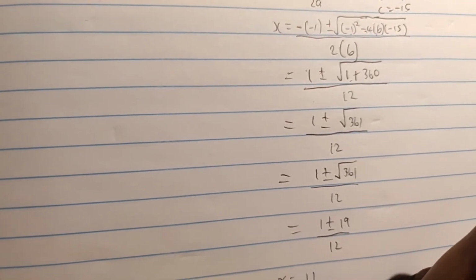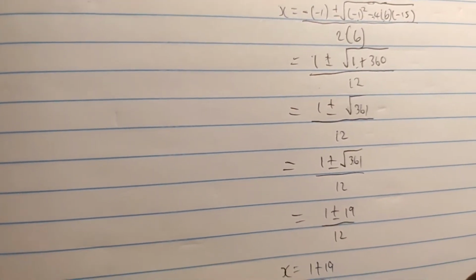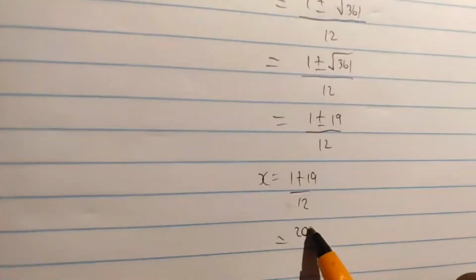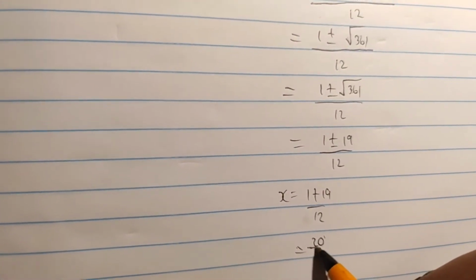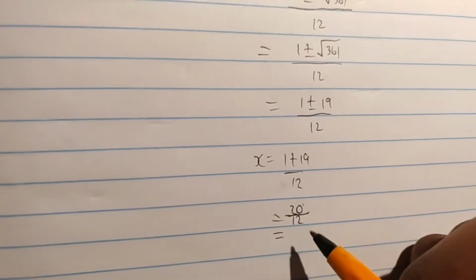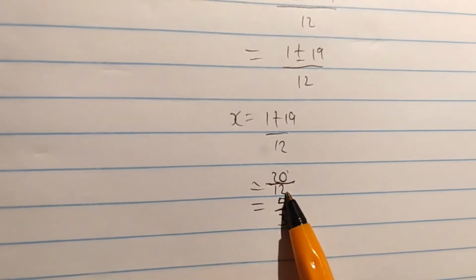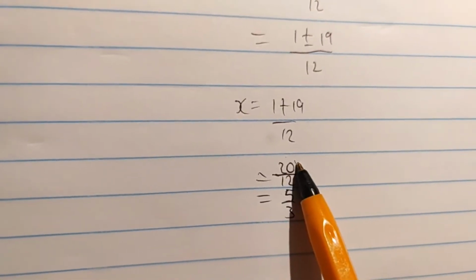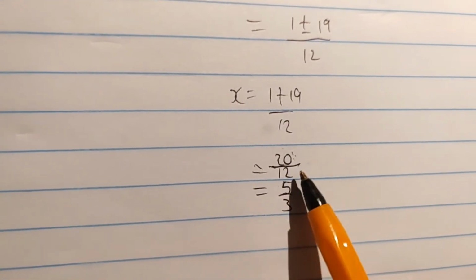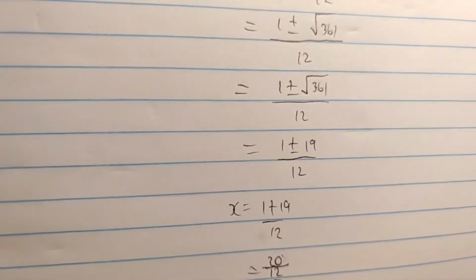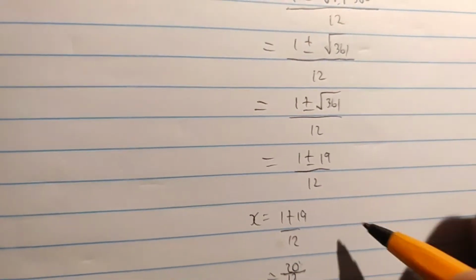X is equal to 1 plus 19 over 12, which is 20. 1 plus 19 is 20 over 12. And that basically simplifies to become 5 over 3. Why? Because the highest common factor between 20 and 12 is 4. 4 goes into 20 5 times. 4 goes into 12 3 times. So it's 5 over 3.